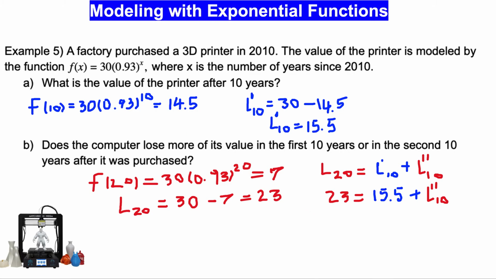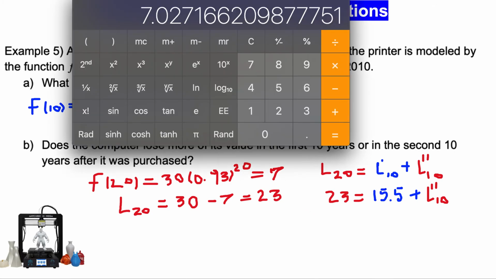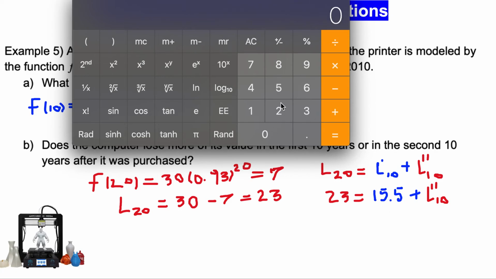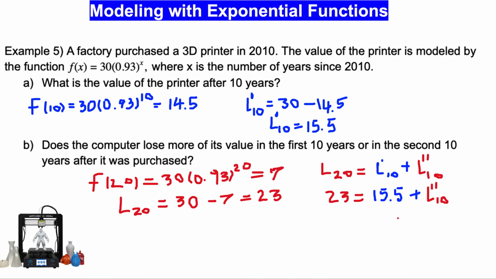Now if we subtract 15.5 from both sides, we get 23 minus 15.5, and the value is 7.5. So when we solve this, in the second 10 years the printer loses $7.5 in value.